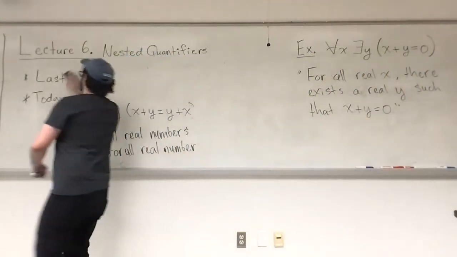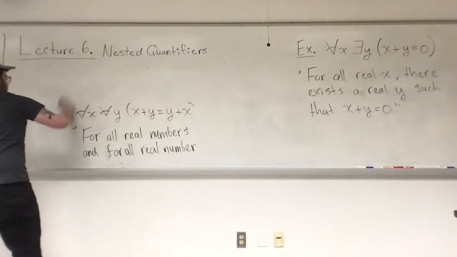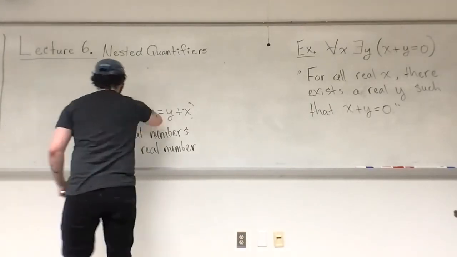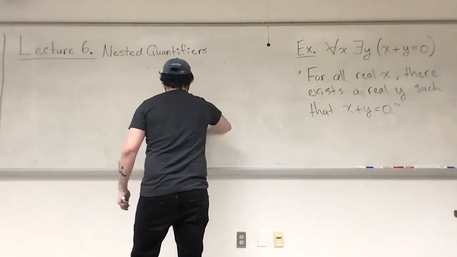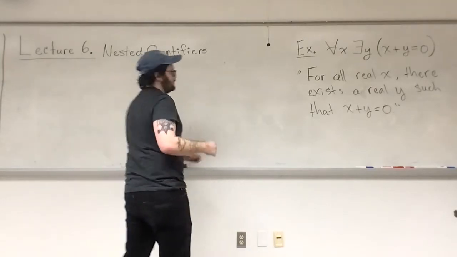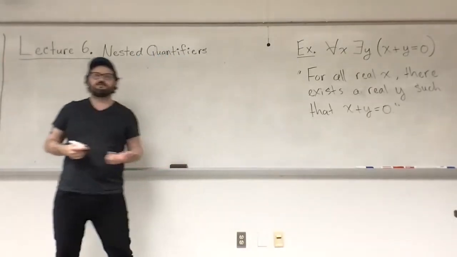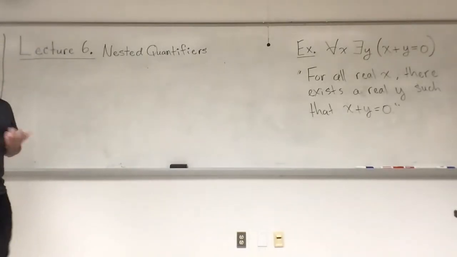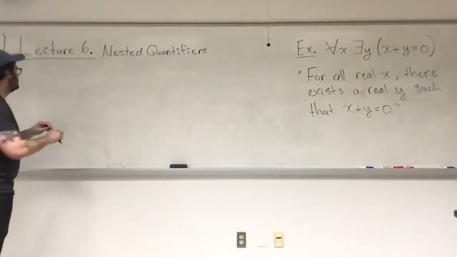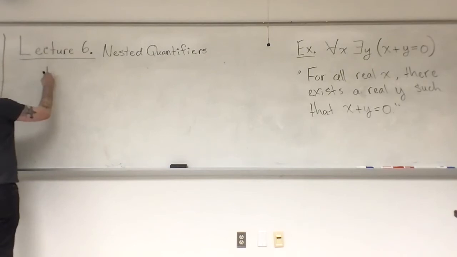Hopefully you remember from the previous lecture on quantifiers that we can represent universal and existential quantifiers as conjunctions and disjunctions respectively. So let's just recall that notion.